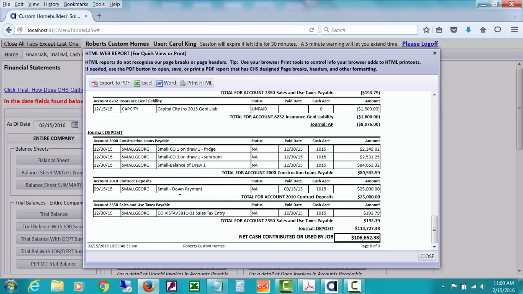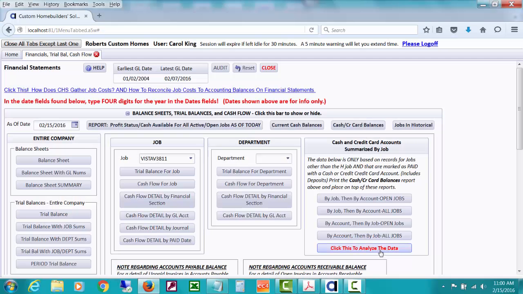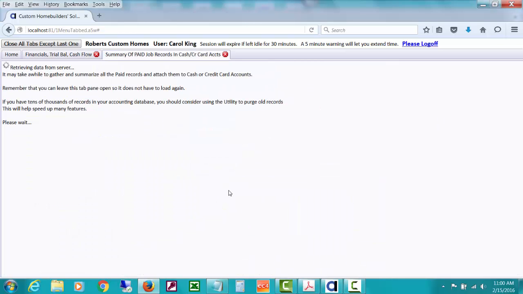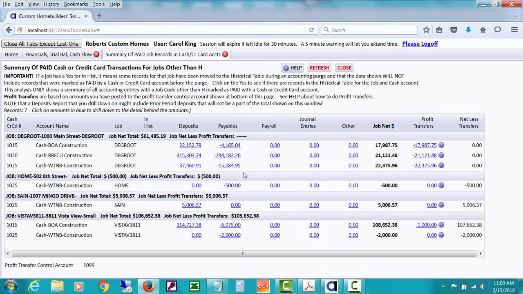Here's the detail of your deposits. Journal deposit, you can see that all our deposits did go into 1015 cash account, $114,727.38. So you probably see that when you go over here to click to analyze $114,727.38. You can also see that over there, that those are actual deposits.